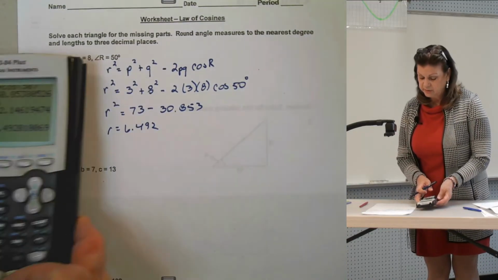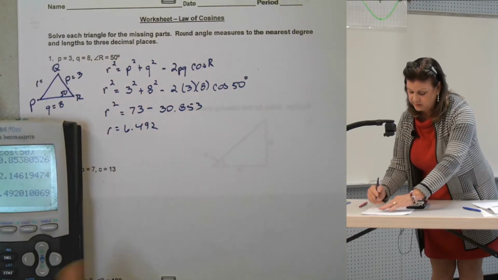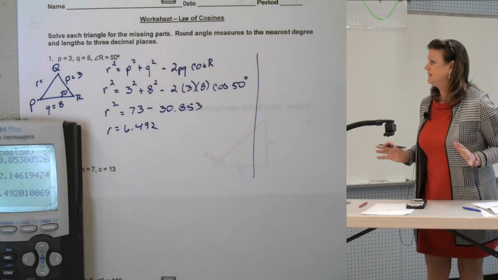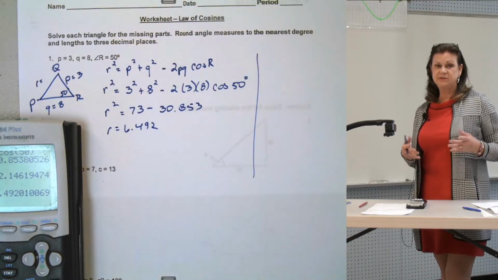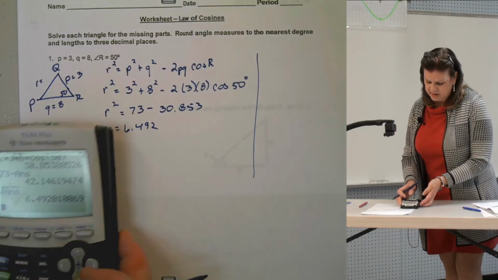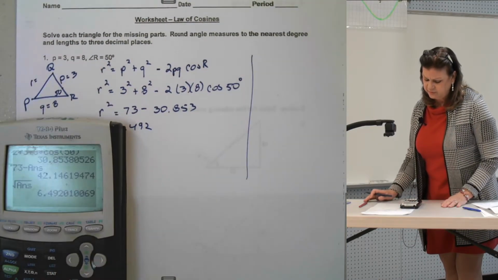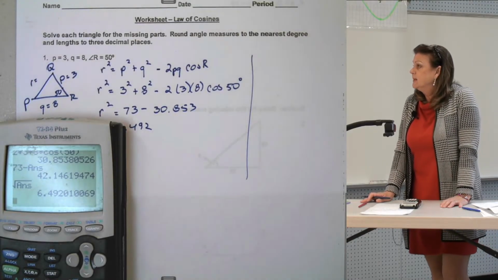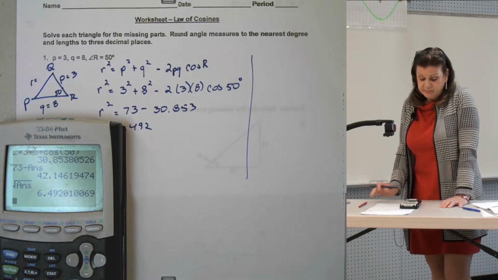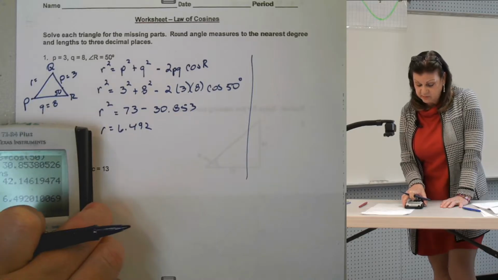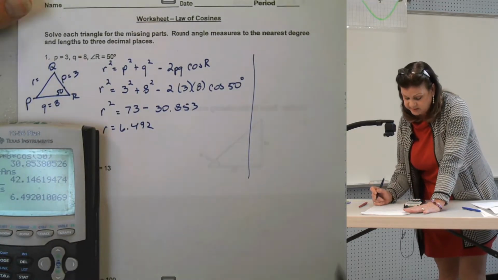Now again, you don't have to jump through that hoop again. Now that you have a complete matching set for law of sines, you can just go from there. I would not look for angle Q because that's the longest side in the triangle, which might make it an obtuse angle. So we're going to look for angle P instead.